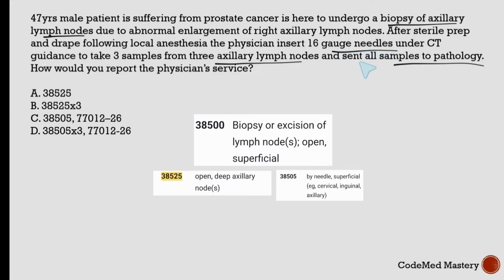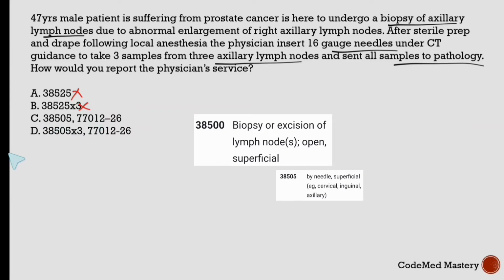Right. So according to code 38505, that is for biopsy or excision of lymph nodes by needle superficial. So it is matching with the question. So the right code would be 38505. 38525 in option A and B is for open deep axillary nodes. But in our question they have used needles. So we have to code appropriately, that is 38505. So we'll directly eliminate option A and B which contain 38525.